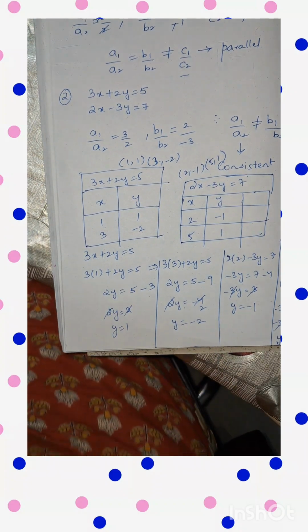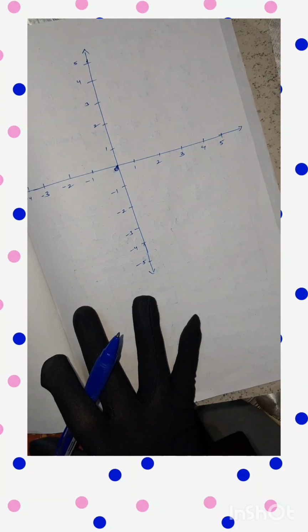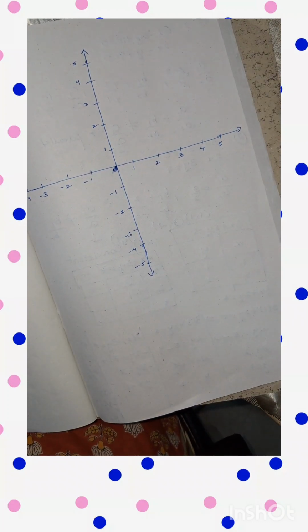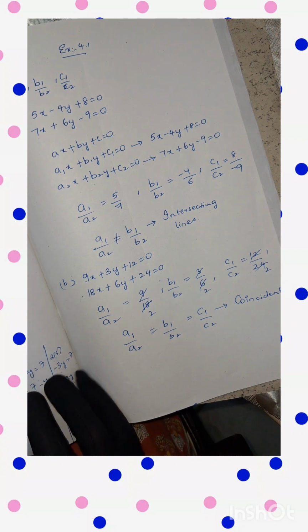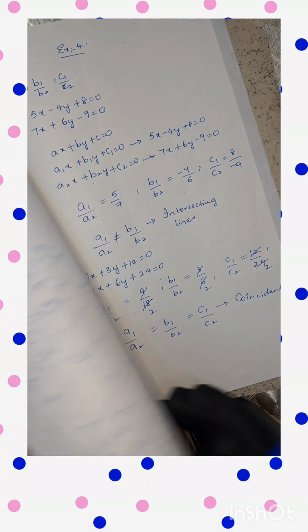Let us see this on the graph. The points for the first equation are 1 comma 1 and 3 comma minus 2. 1 comma 1 is here, and 3 comma minus 2 is here.